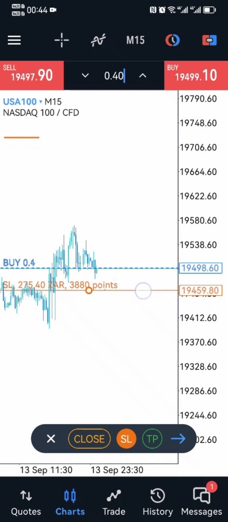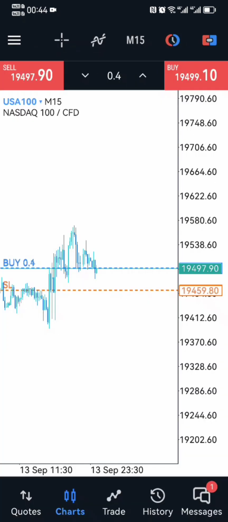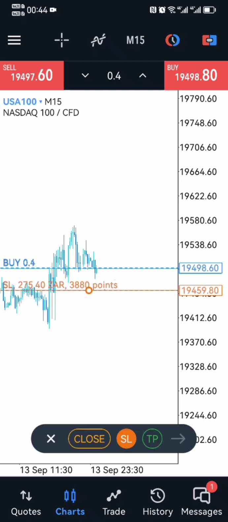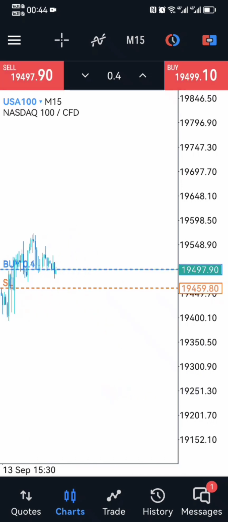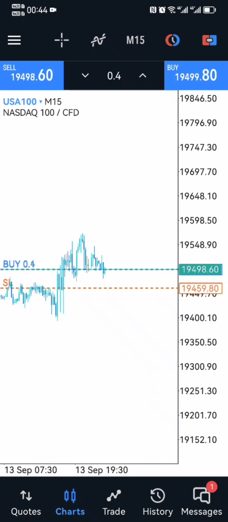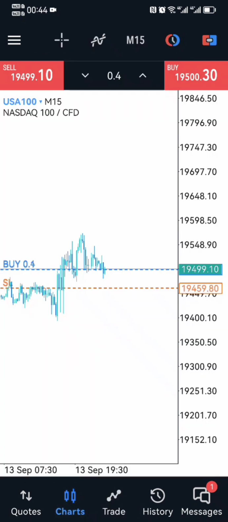So I can even open another one because I see the risk. I'm trying to risk just about 4. So that's 3. Remember guys, we have to manage the risk carefully. So I think I'm gonna go ahead and open another one.